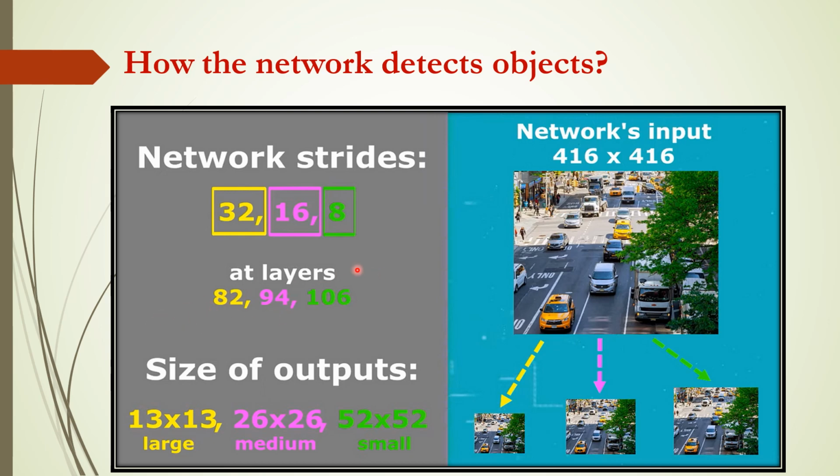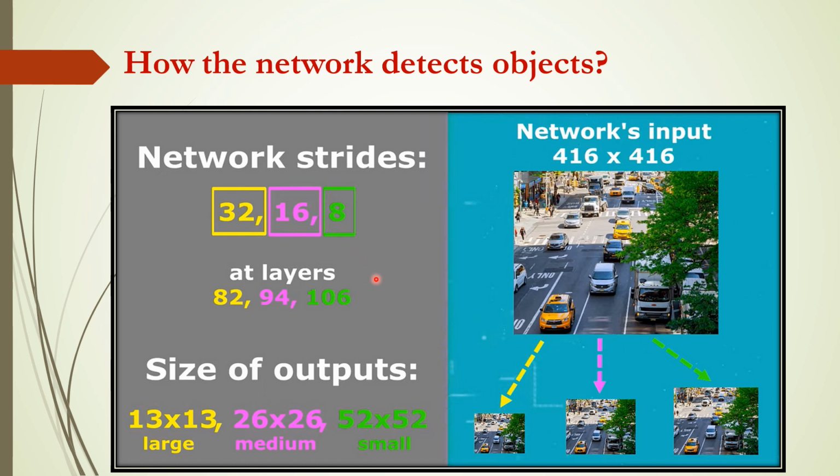They show how much smaller the output at the 3 places is than the network input. For a network input of 416×416, for the 82nd layer the stride is 32 and the output is 13×13, and it's responsible for detecting large objects. For the 94th layer, the stride is 16, the output size is 26×26, and it's responsible for detecting medium objects. For the 106th layer, the stride is 8 and it's responsible for detecting small objects.